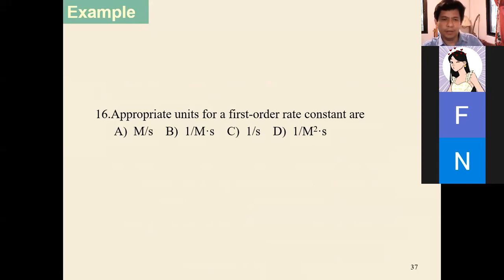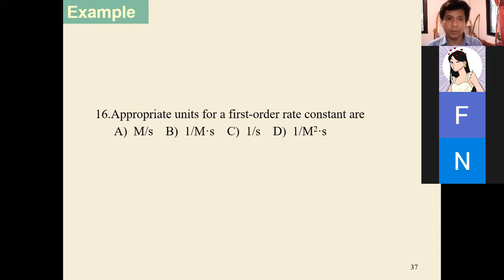Letter A, molarity per second. Letter B, 1 per molarity per second. Letter C, 1 divided by second. Or D, 1 meter squared per liter. Kanina niyo ito, di ba?